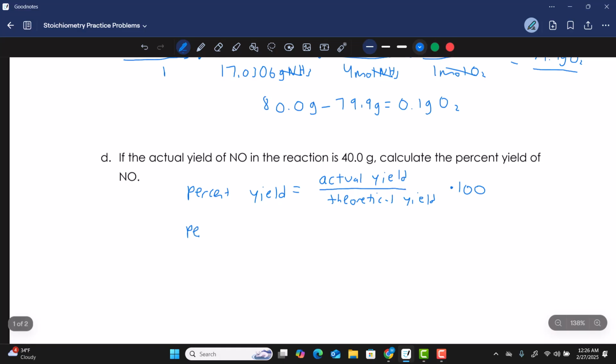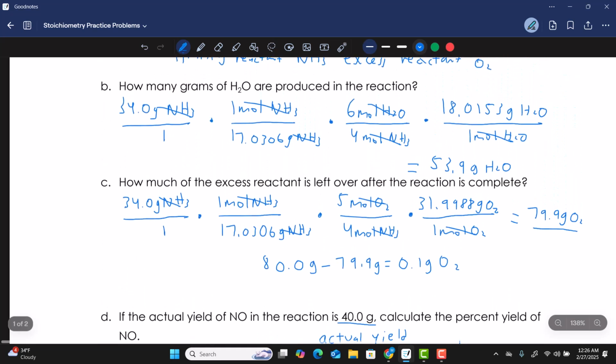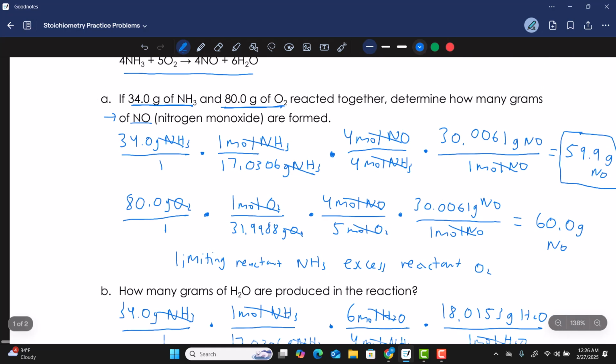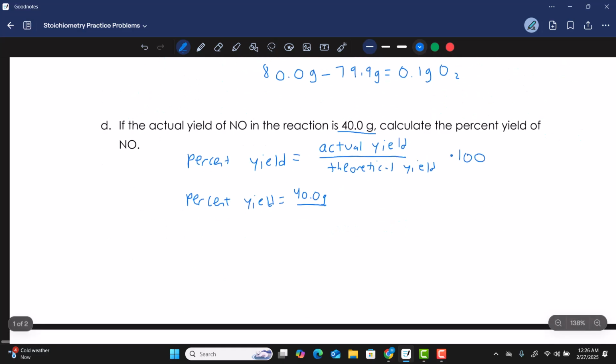So the percent yield will equal the actual yield, which is given, 40.0, and this will always be given, over the theoretical yield of NO, which we already found was 59.9 grams, times 100.